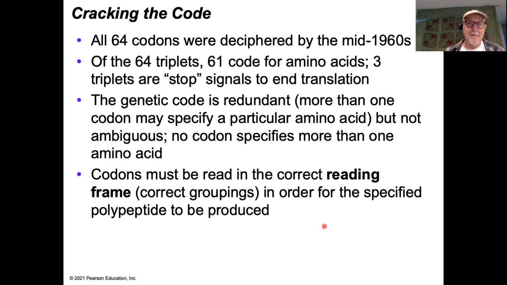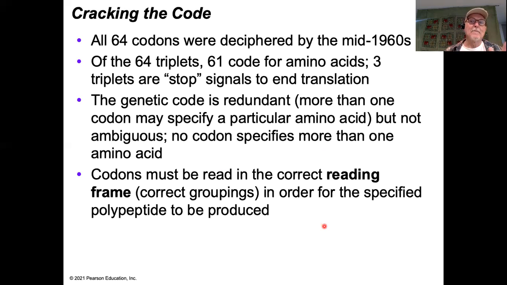That is an important implication, which we'll see in a minute as far as the transfer RNA is concerned. But the code is unambiguous. That means no codon codes for more than one amino acid. Each codon codes for only one amino acid, but any amino acid may have several different codons.